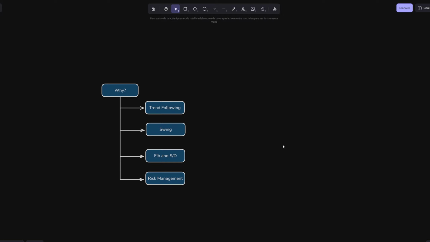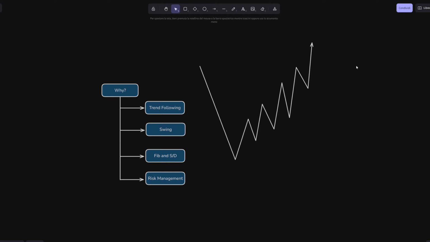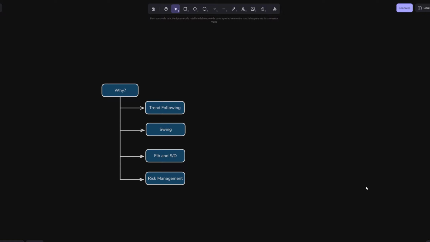I don't know why, because usually the rule is that major market structure is the rule setter, but I found that it works better for me.